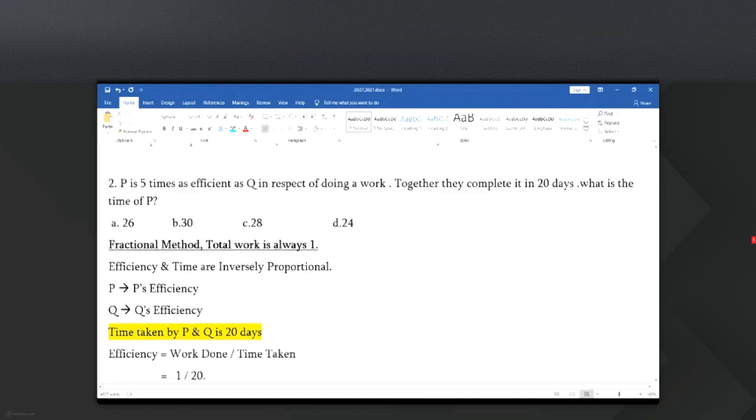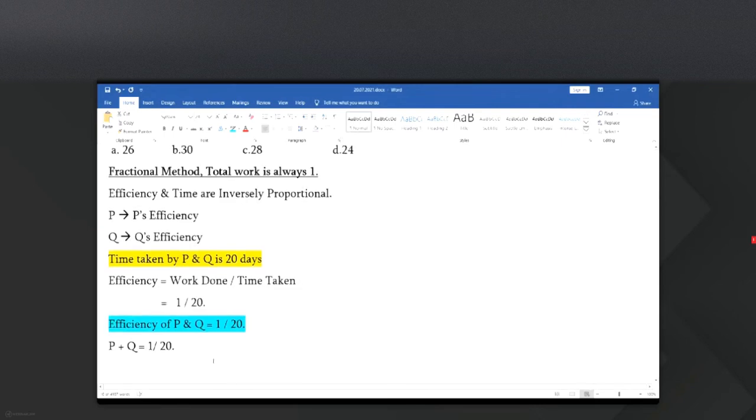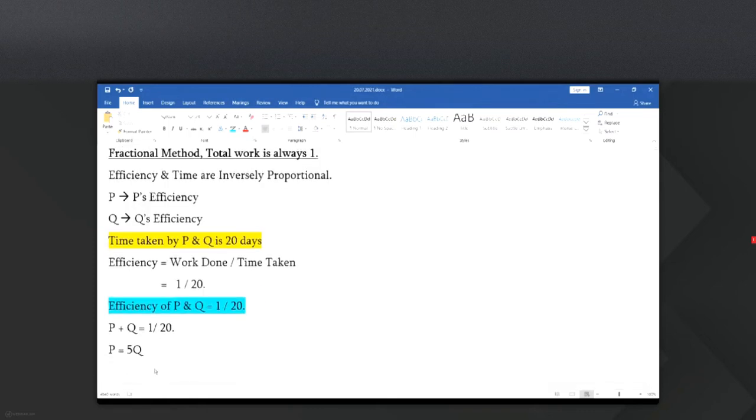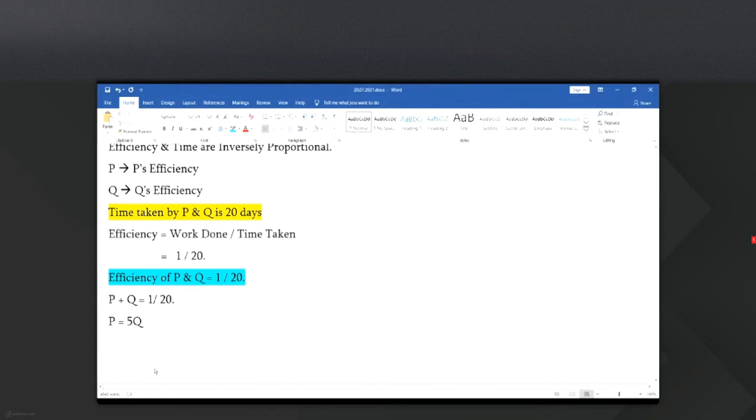We also know that P is 5 times as efficient as Q. So can I write P is equal to 5Q? Yes, P is P's efficiency and Q is Q's efficiency. The question is what is the time of P. So now you can just replace this.